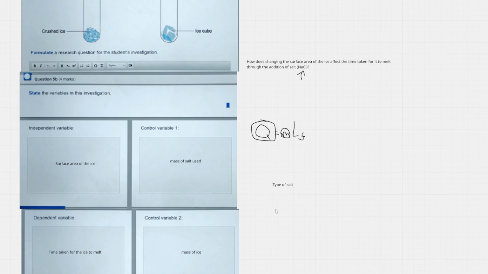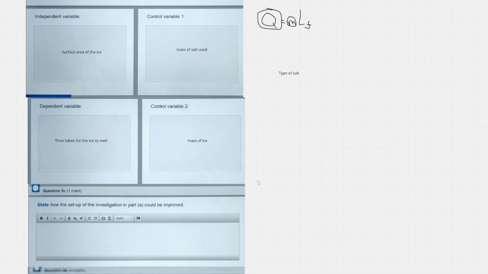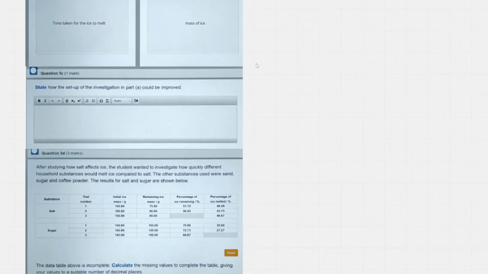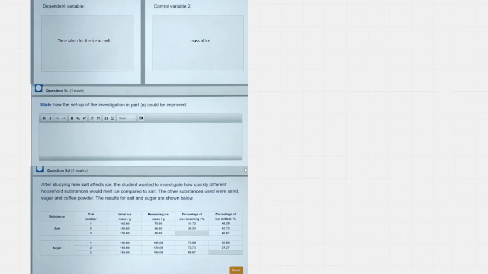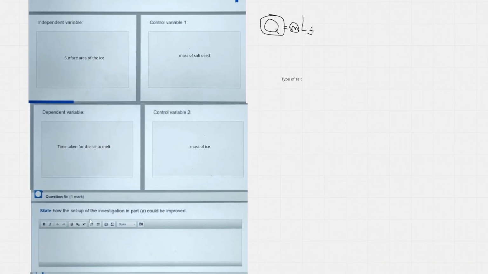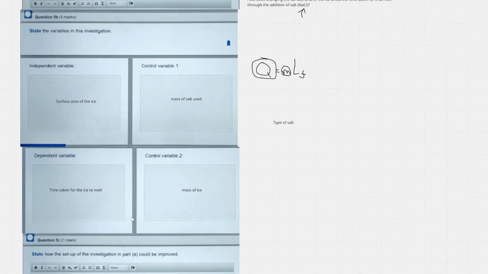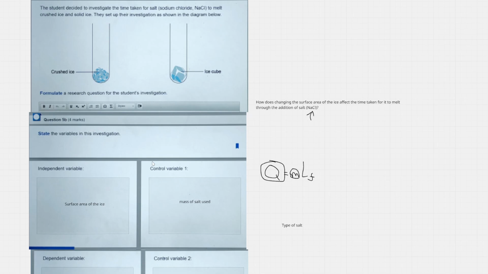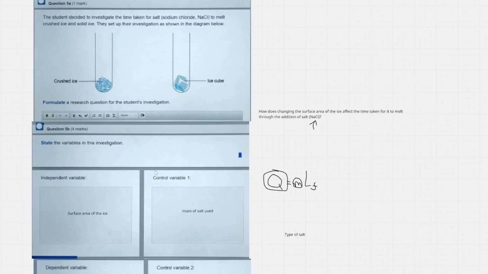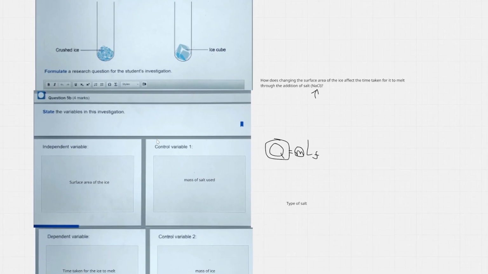Since different salts are going to melt the ice at different rates, setup of the investigation in part A could be improved. So, one marker.